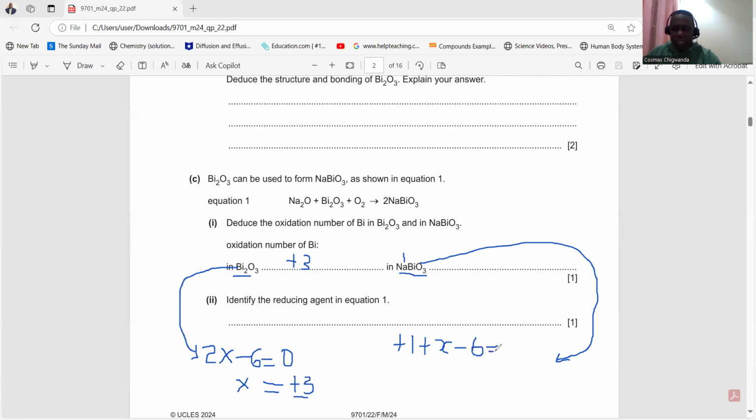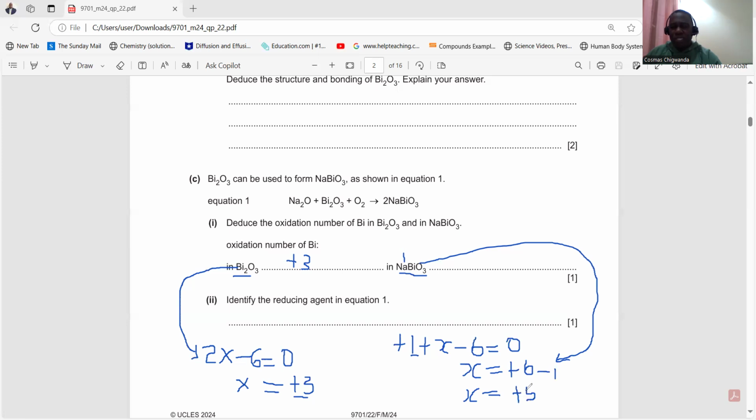If we add all these, we're going to get 0, okay? Right, so if we do our math and we move the -6 to this side, okay, the -6 will become positive, okay? And if this one comes this side, it's going to be -1. So our X for Bi in NaBiO3 is going to be +5, okay?